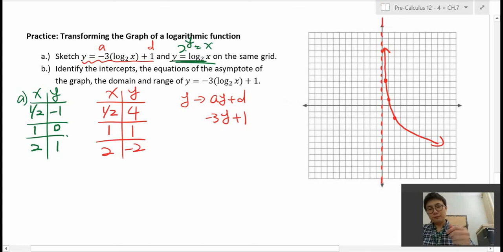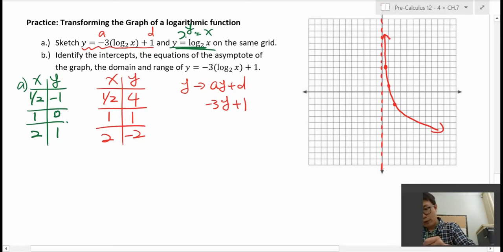Okay. Now, notice how we do not have, well, I mean, look from the graph, we don't have a y-intercept. We do have an x-intercept, but you can't tell from this table of values. So what do we do? Okay, well, remember to find x-intercept, what we do is we make y 0, right? So that's exactly what I'm gonna do, okay? So I'm gonna say 0 is equal to negative 3 log base 2 of x plus 1.